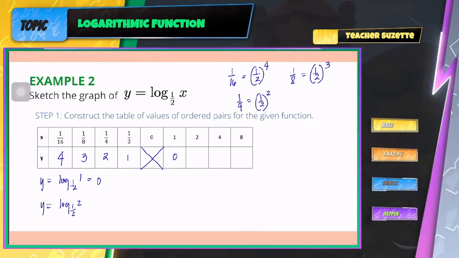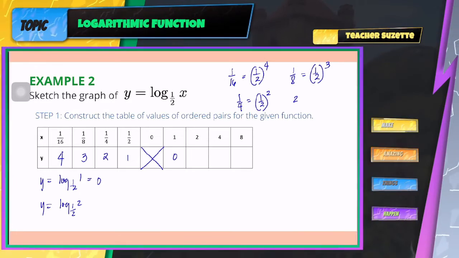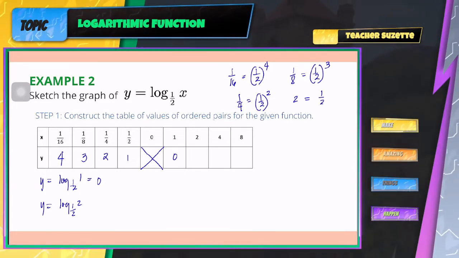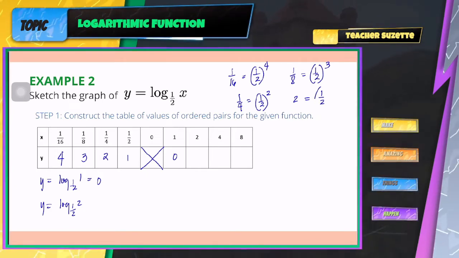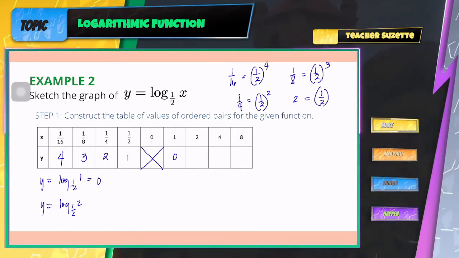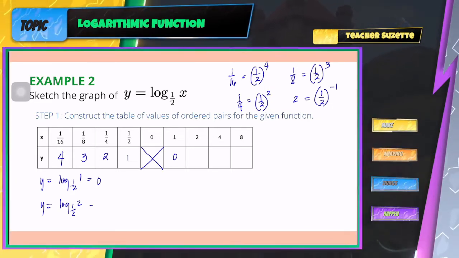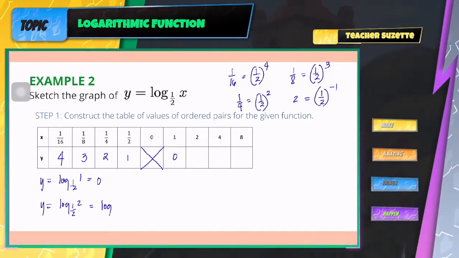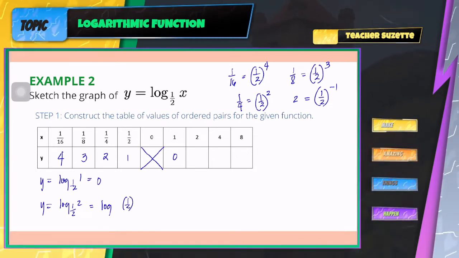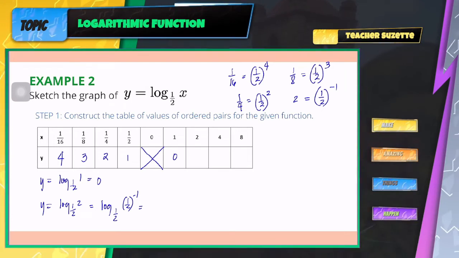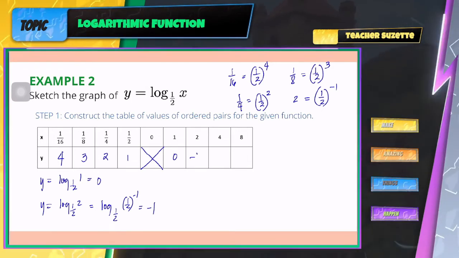Next, we have the logarithm of 2 base 1/2. Our goal is to express this 2 as an exponent wherein the base is 1/2. So what we're going to do is to raise 1/2 to negative 1. We can rewrite this as the logarithm of 1/2 raised to negative 1 base 1/2. So therefore, y is equal to negative 1.